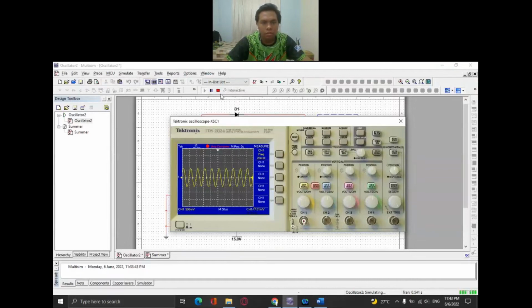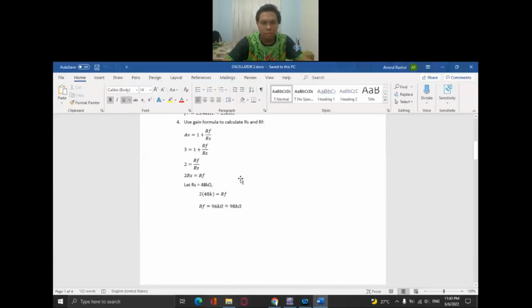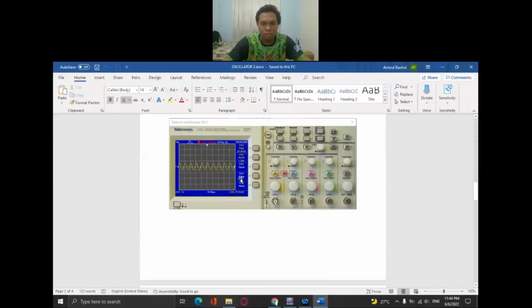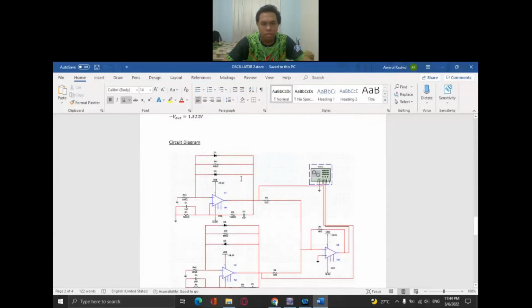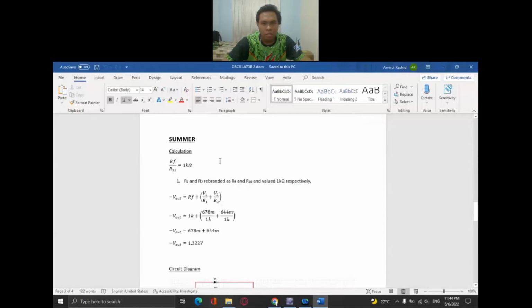Now on to the next part, which is the summer circuit. The objective of this summer is to combine multiple inputs into one output. We have created two inputs, oscillator 1 and oscillator 2, and we combine both into one output.